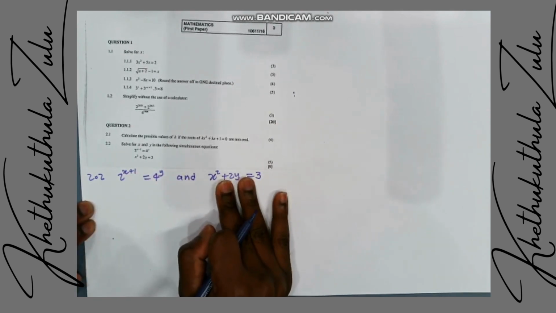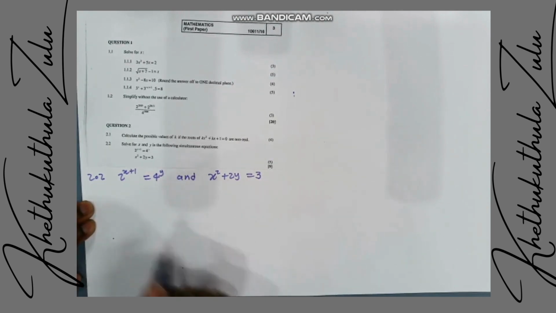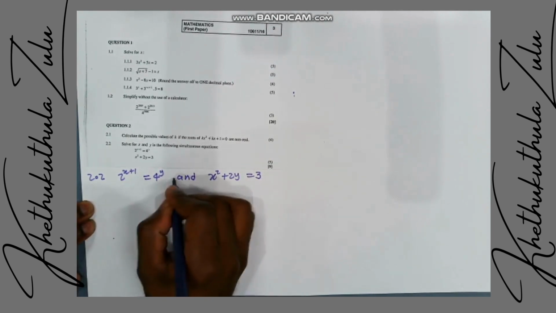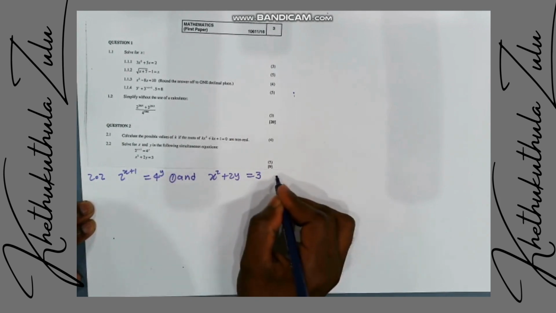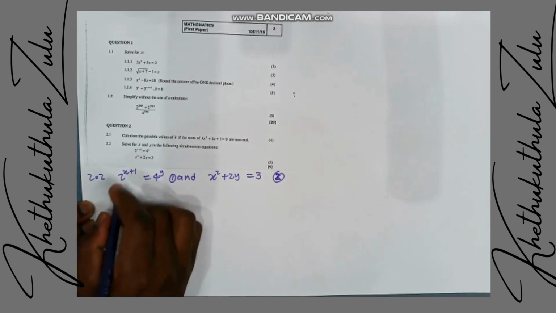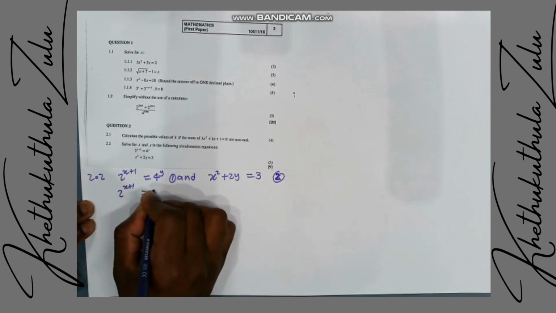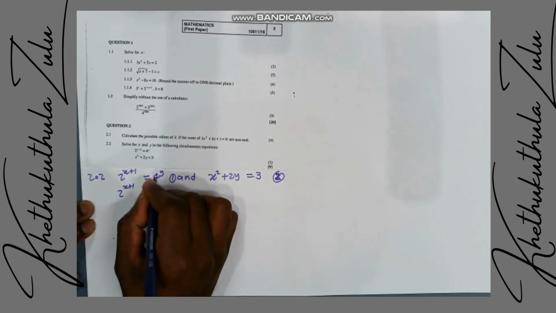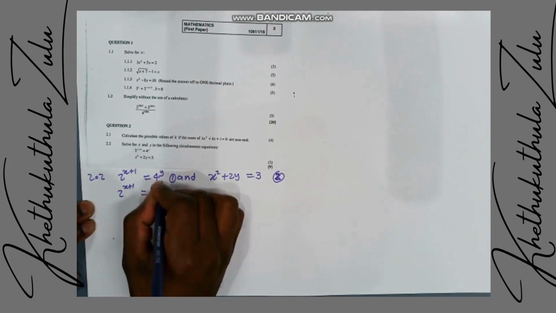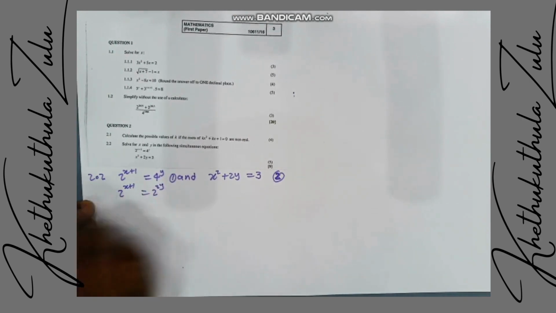Here we have something that is x squared, so let's just put it there. First thing is, we can call this equation number 1, and this one equation number 2. But let's simplify this one, since we are able to simplify it. We can just say 2 to the power x plus 1, and 4 is 2 times 2, then to the power y, just going to be 2 to the power 2y.